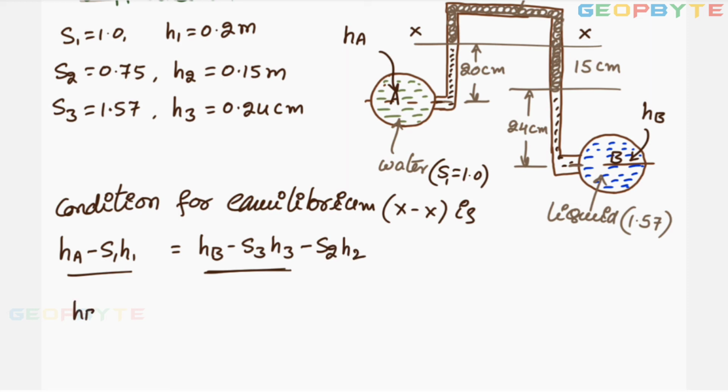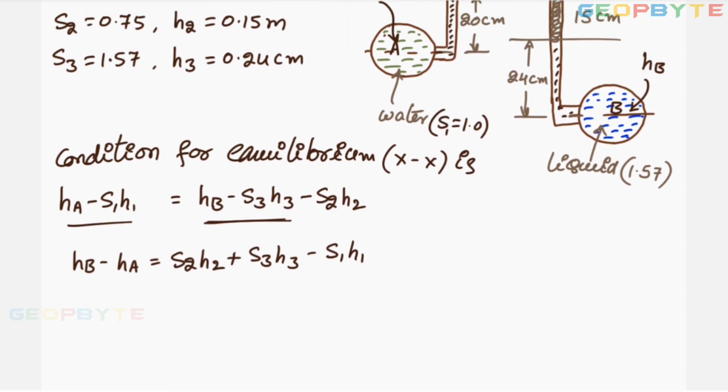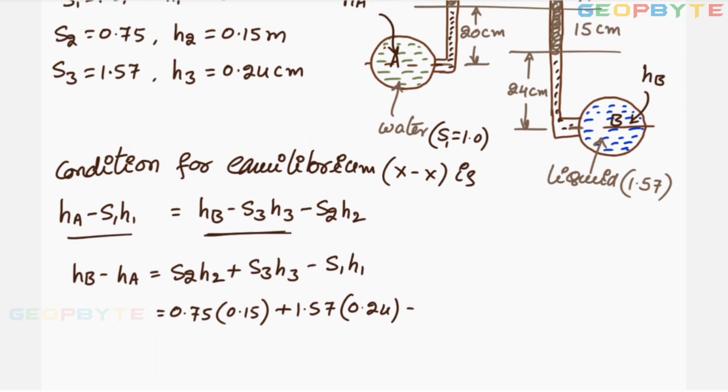From this, HB minus HA is equal to S2H2 plus S3H3 minus S1H1. That is the pressure head difference between the two pipes. Here S2 is given 0.75, H2 0.15, plus S3 1.57, H3 0.24, minus S1, S1 is 1 and H1 is 0.2.